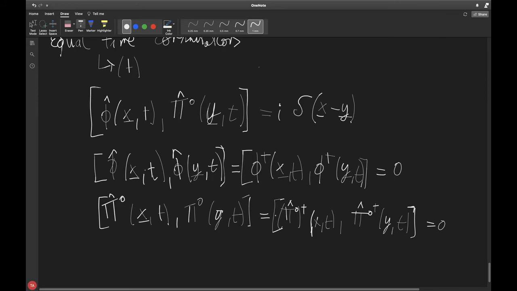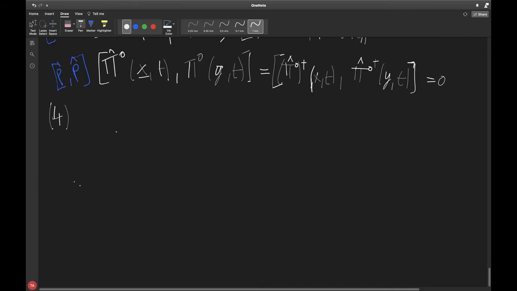So how will our operator look like? Earlier, we discussed that we can build up our field from creation and annihilation operators. So let's say we are going to call this field operator psi, as we did earlier.